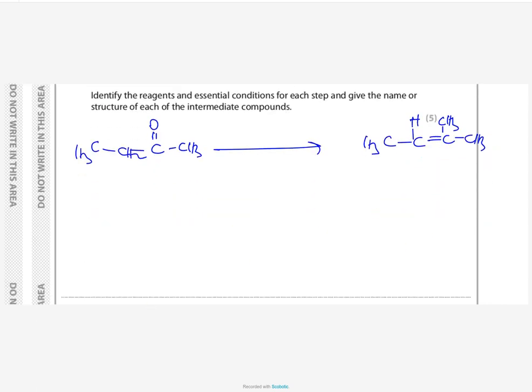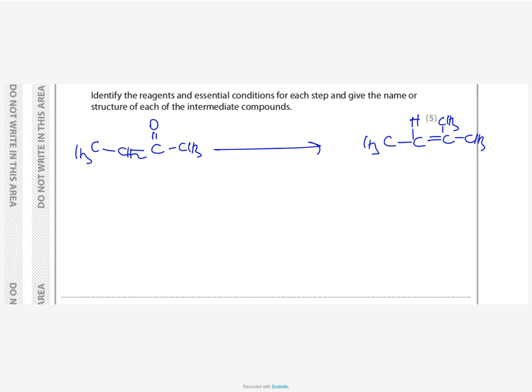How to form a carbon-carbon double bond? You can form it if you eliminate HCl or H2O, right? That means, look at this.